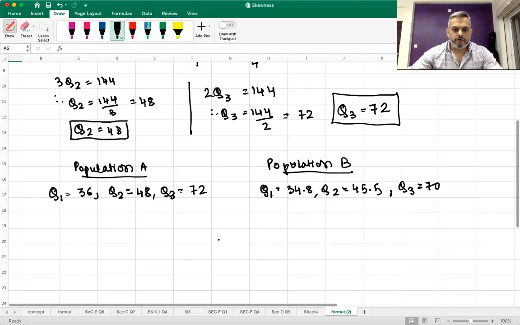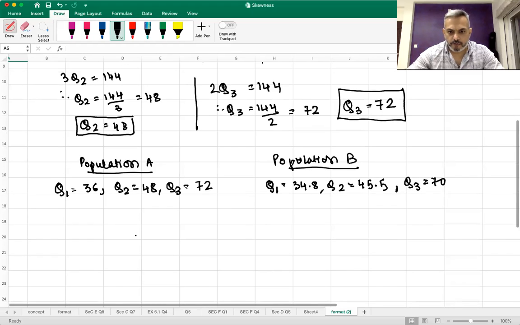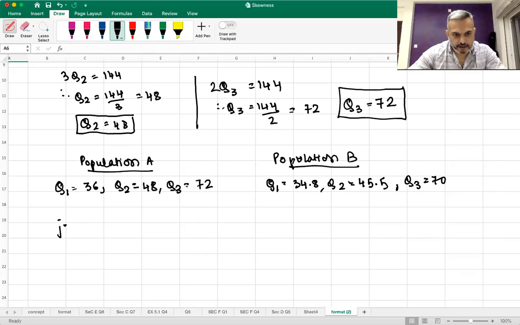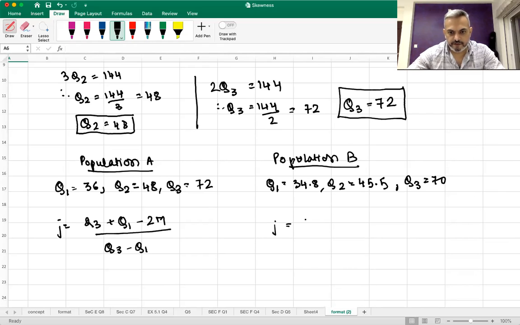So because we have to compare, we go for Bowley's method because quartiles are given. So J is equal to Q3 plus Q1 minus 2M upon Q3 minus Q1, and over here again J is equal to Q3 plus Q1 minus 2M upon Q3 minus Q1.